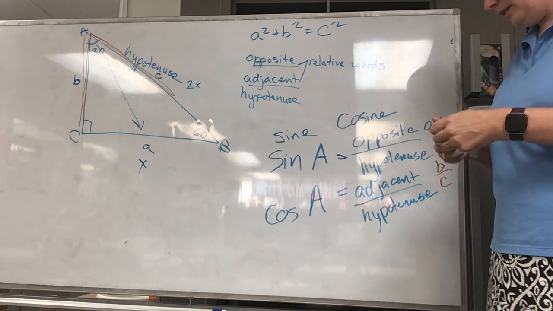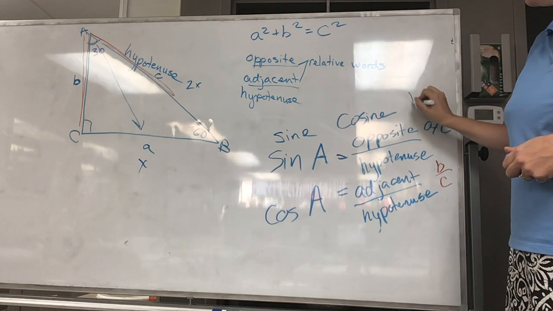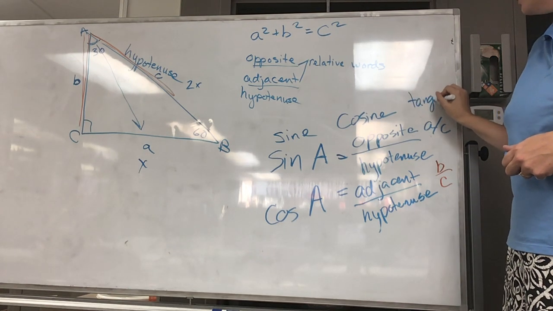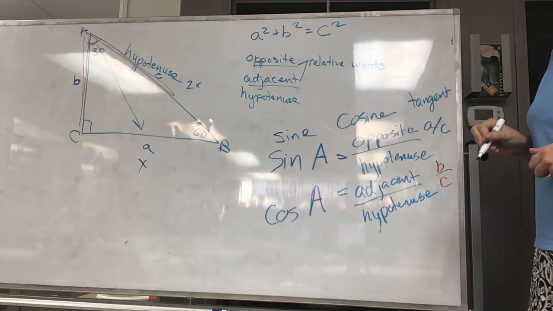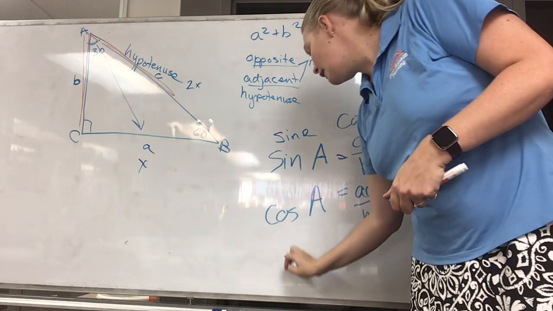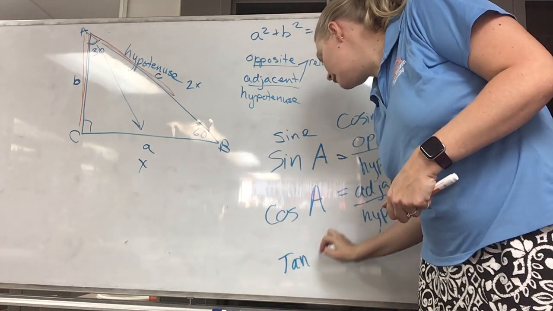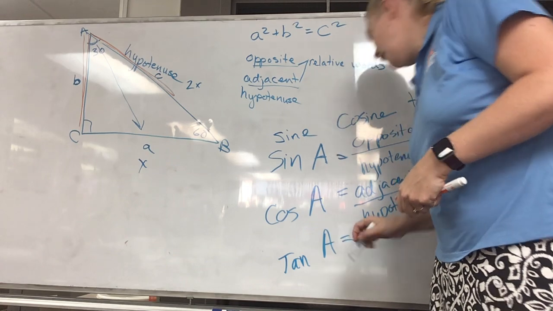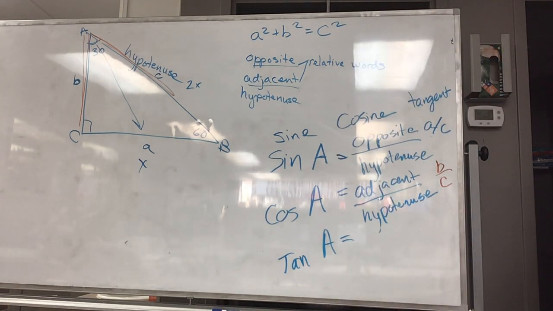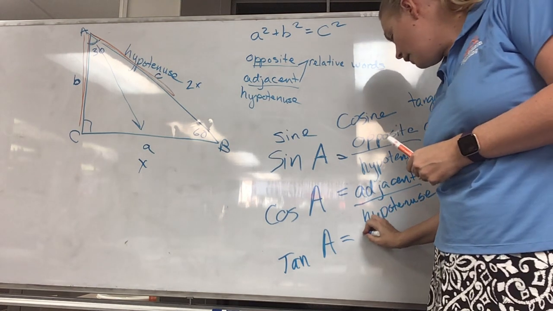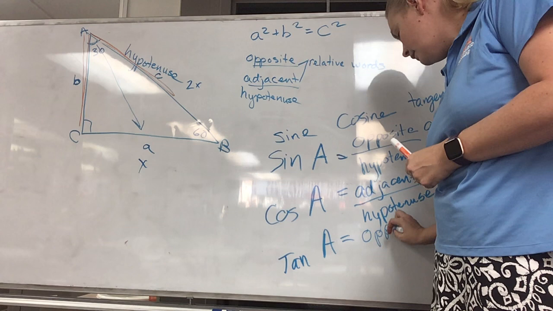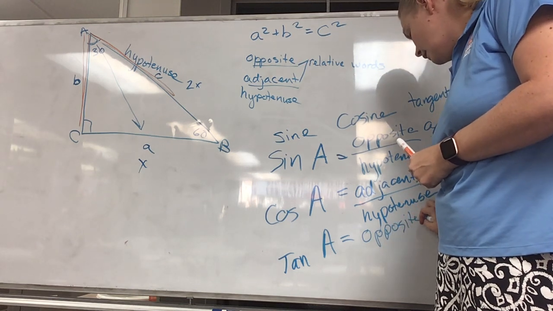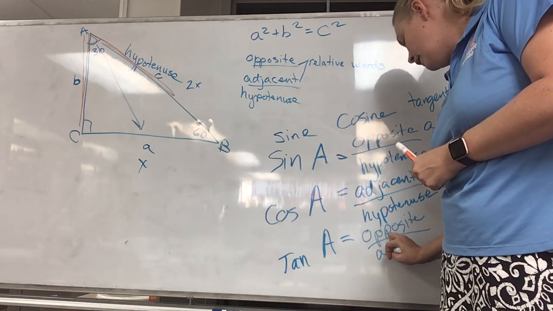Last one that we have is called tangent. And it's abbreviated to TAN of angle A. This one is the ratio of the opposite over the adjacent.